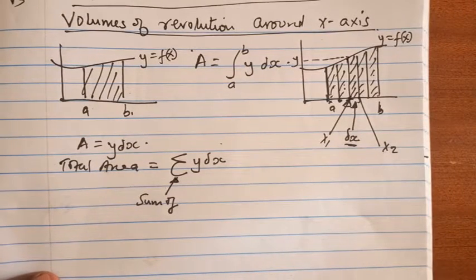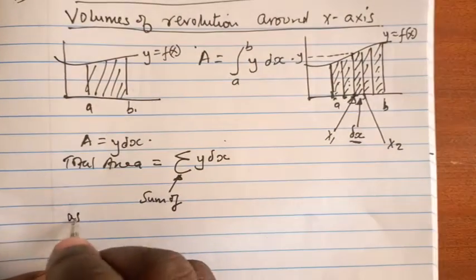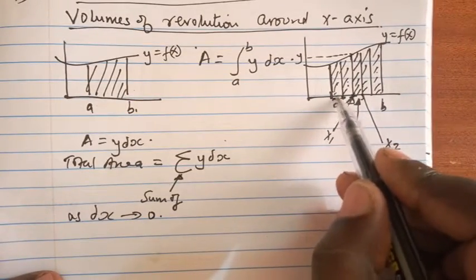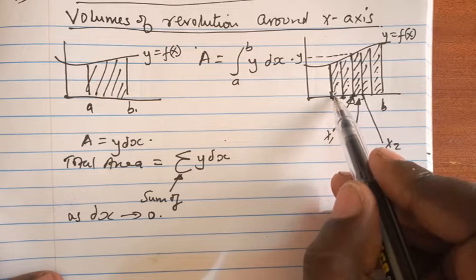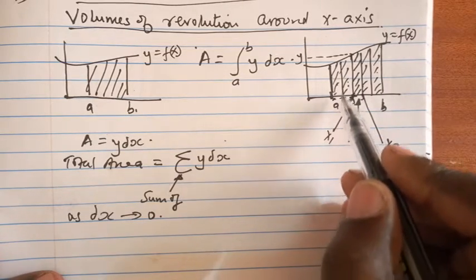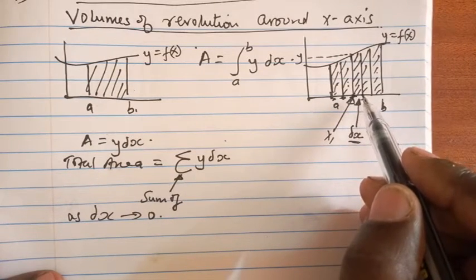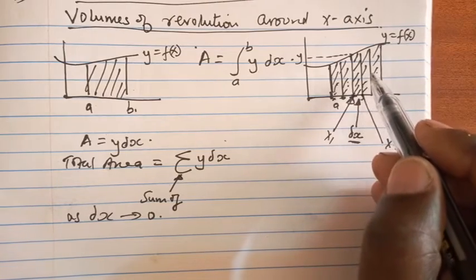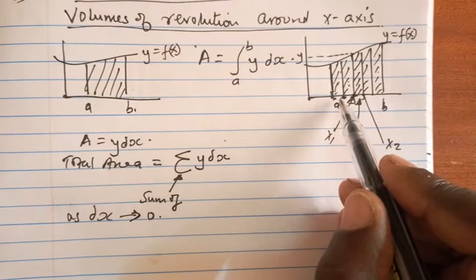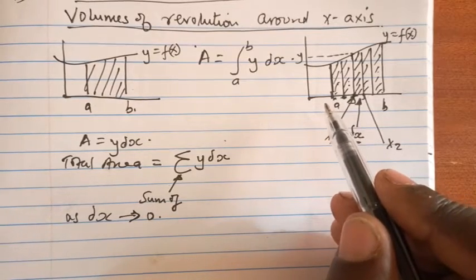The exact area is the limit of this sum as dx approaches 0, meaning this dx is very small, then we are very likely to have a perfect rectangle, because we will not have this error here. The more the stripes, the more accurate we get the area. So as dx approaches 0, we have very thin stripes, and they do not welcome a big error.